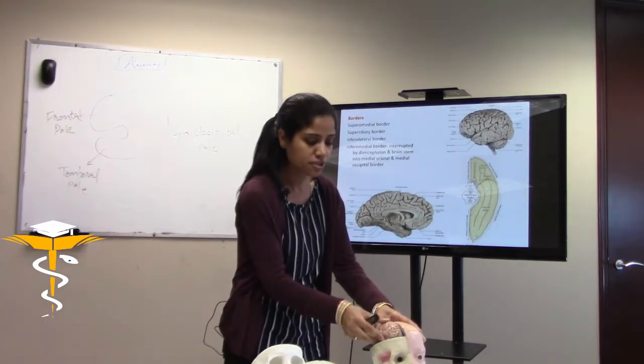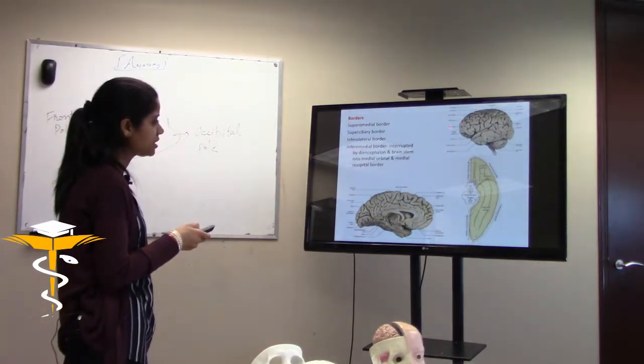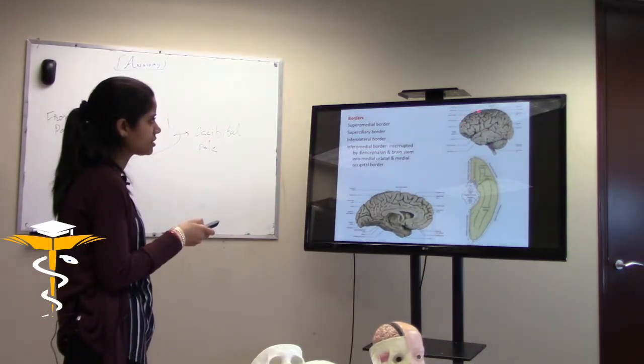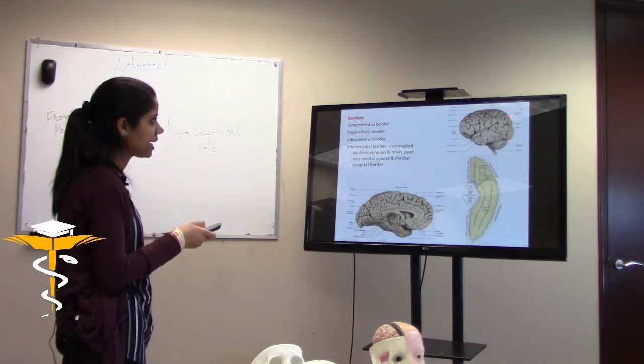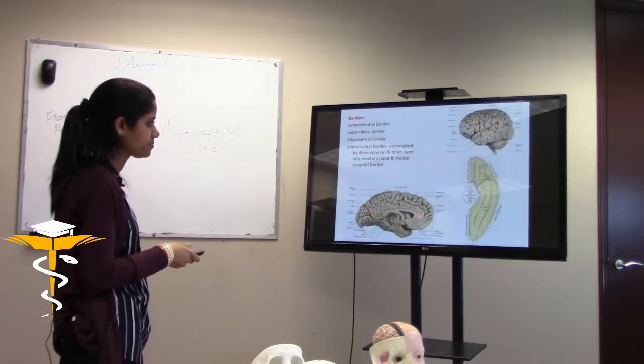The same thing would be shown in this diagram. So this is the superomedial border, this one. This is the superomedial border, and it is separating the superolateral surface from the medial surface.